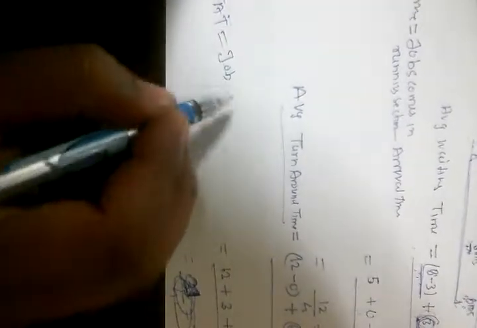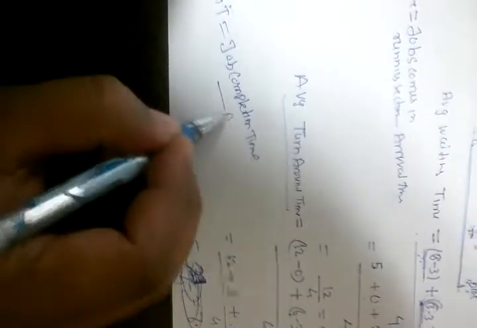Now we will calculate the turnaround time. Turnaround time is the job completion time minus arrival time.